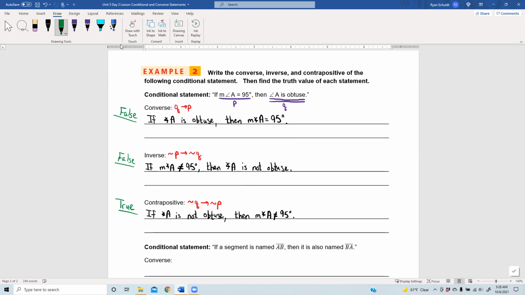So that has to be true. If it's not obtuse, it can't be 95. Okay, next one.